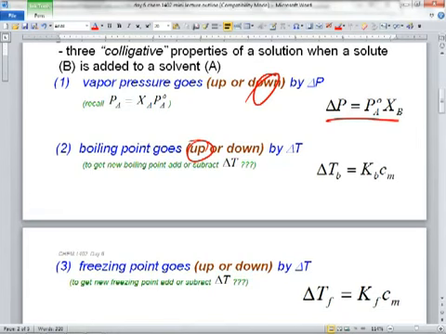We calculate a delta T. Do we add it or subtract it to the 100? We add it. The boiling point goes up. Exactly. You have to add it. Okay. So there's our equation. What do you think the B probably stands for? Delta TB equals KBCM.